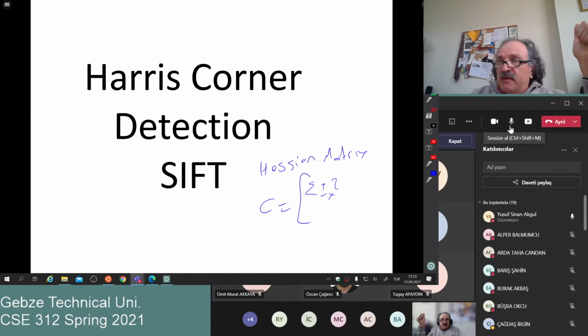So last week we started talking about Harris corner detection, and we derived all the formulations for the corner detection. We came to this matrix.